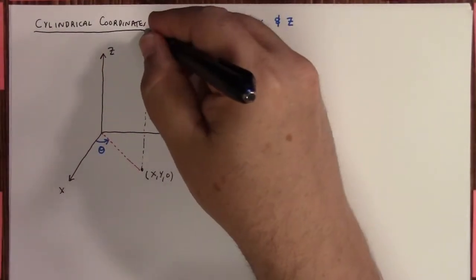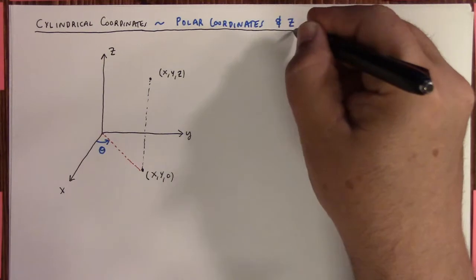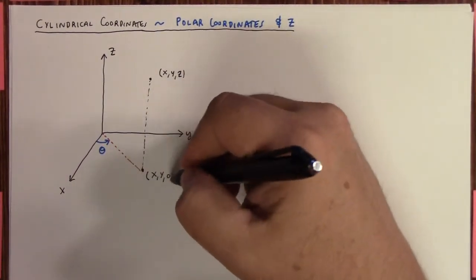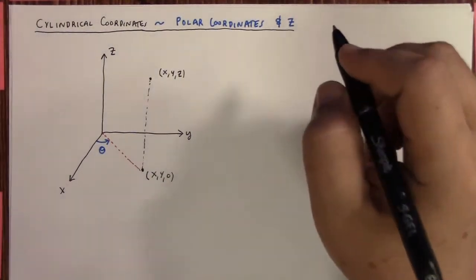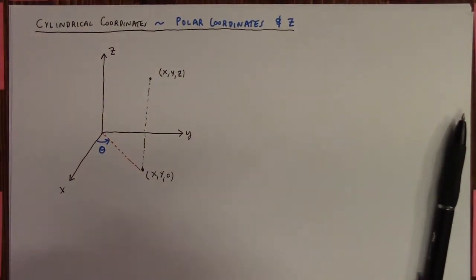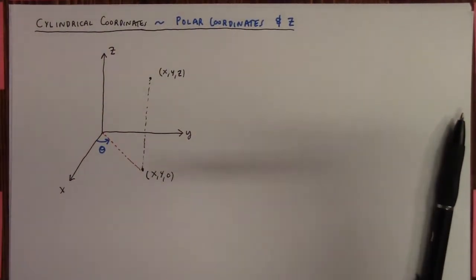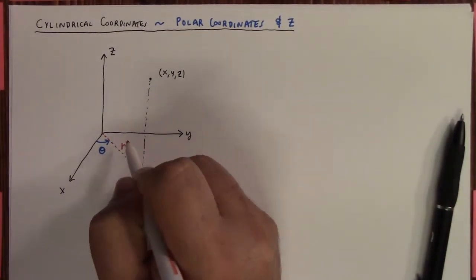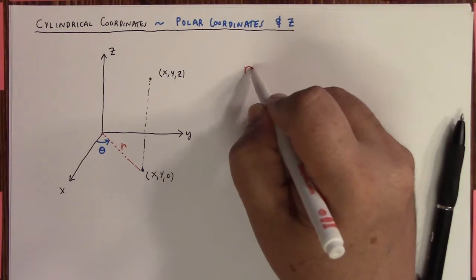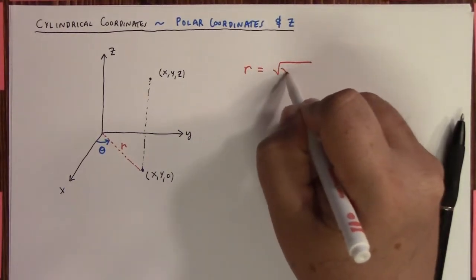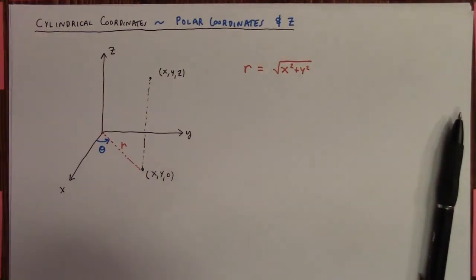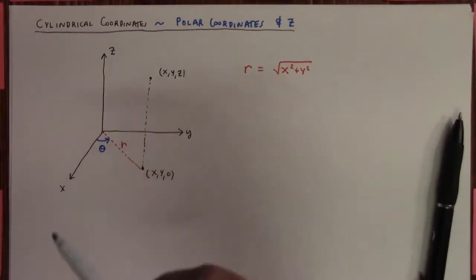Now there's a little bit of fine print there, because we're talking about a 3-dimensional coordinate system. You take the point, project it into the xy plane, and you find the polar coordinates for this guy. So the formula: for one thing, this has length r, right? Again, r is equal to the square root of x squared plus y squared. And we still have that right triangle trigonometry down here.